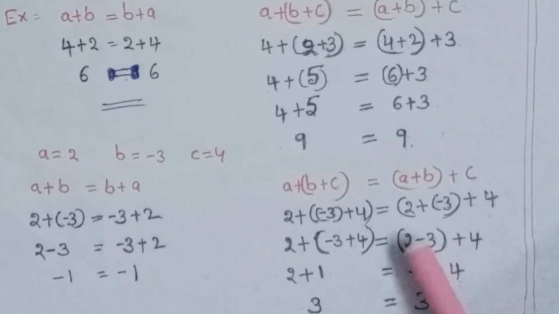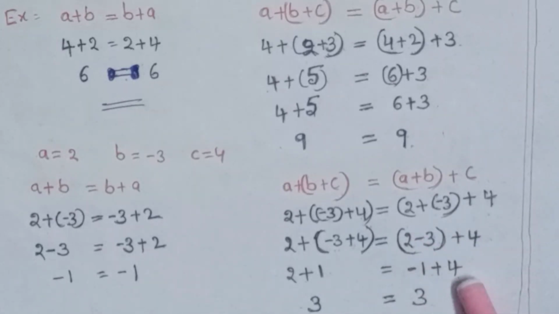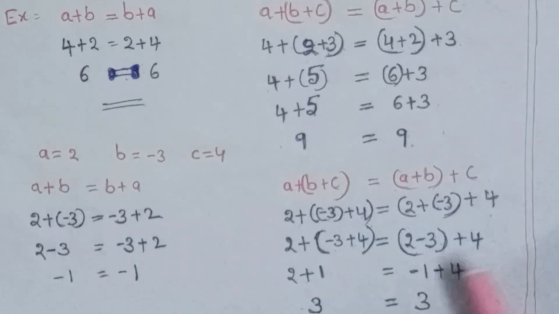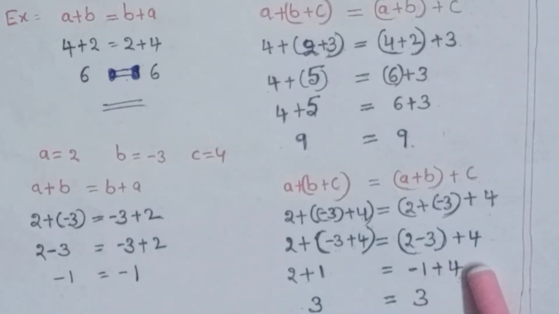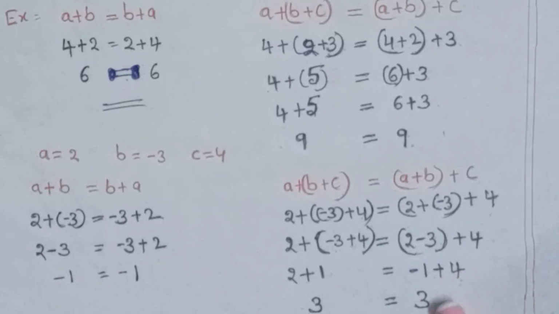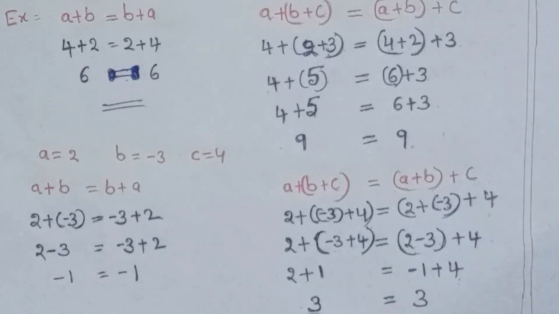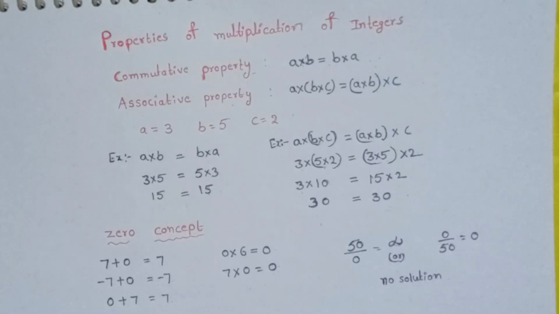So 3 minus 2 is minus 1, plus 4. Here also opposite symbols. Now subtract 4 minus 1, big number minus small number is equal to 3. Big number's sign is plus. So plus 3. Here also we proved it. Let's see.